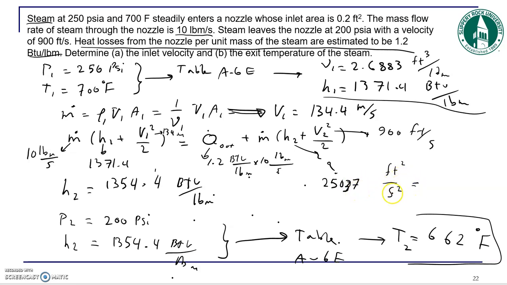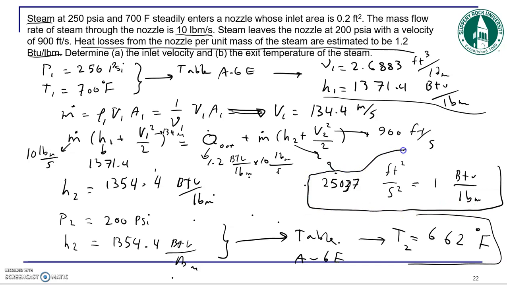So 25,037 feet squared per second squared is 1 BTU per pound mass. This is the only conversion factor you would need here, because all the energies are in BTU. So this one would help you to convert velocities to BTU per pound mass. So please let me know if you have any questions.